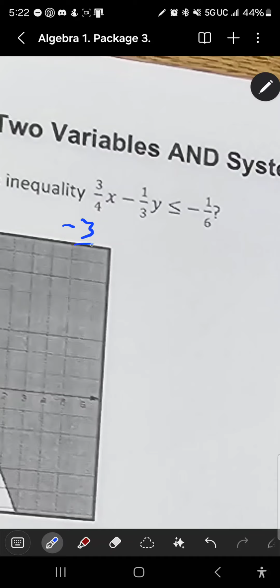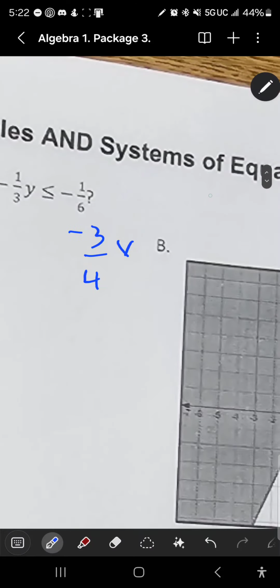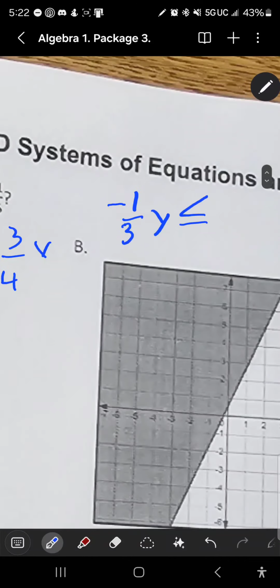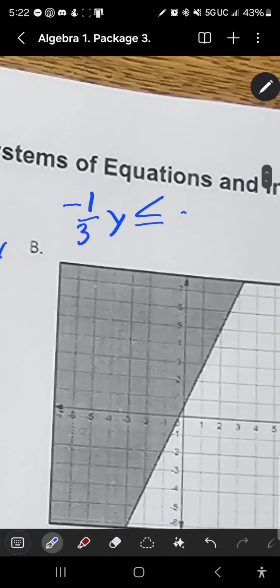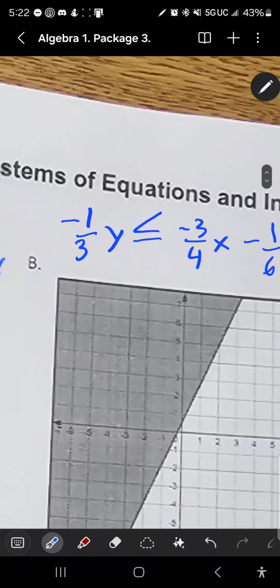So I'm going to subtract 3 over 4x from both sides. And I get that negative 1 over 3 y is less than or equal to negative 3 over 4x minus 1 over 6.